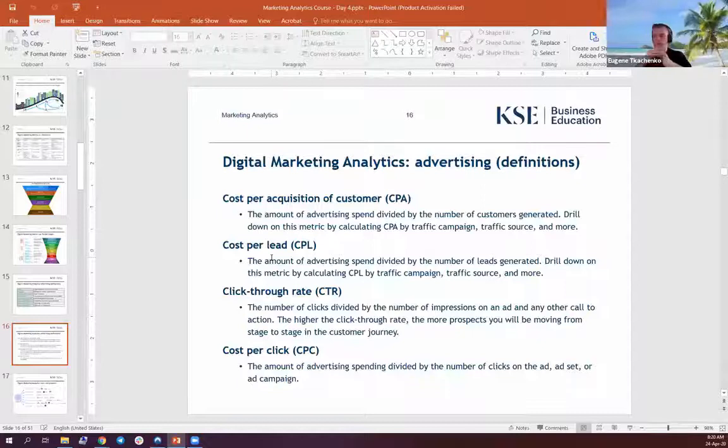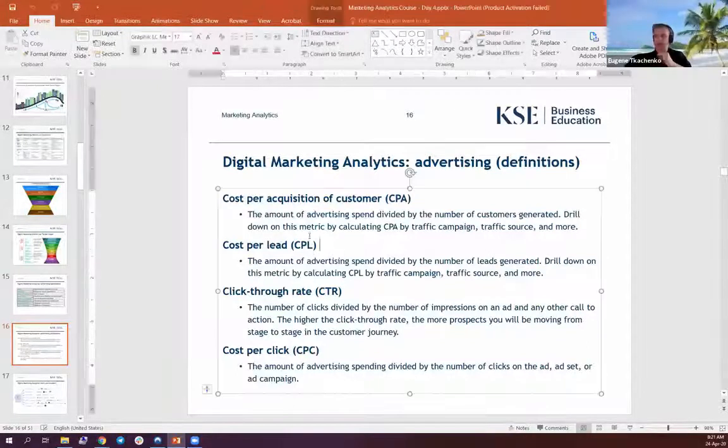Those numbers are our internal numbers, because we are keeping our financial formulas internally. We are the only ones who know for sure how much money we spend and how many customers we acquired over time. So cost per lead and cost per acquisition are something that we calculate internally, and you won't be able to go to a certain platform and ask that platform to provide them for you.